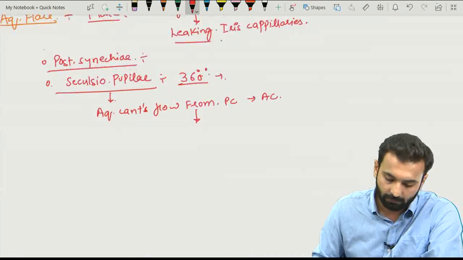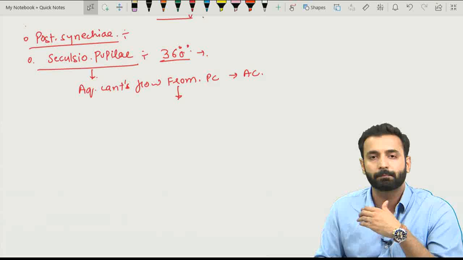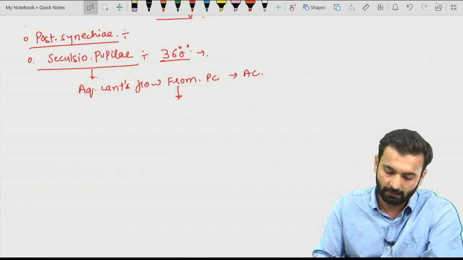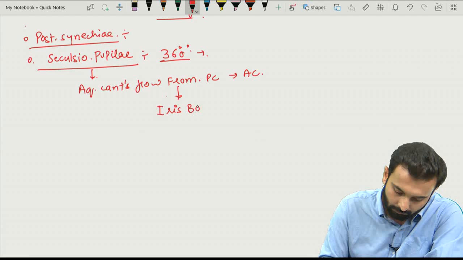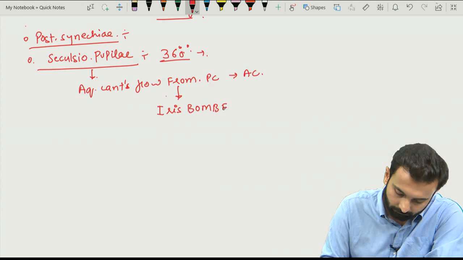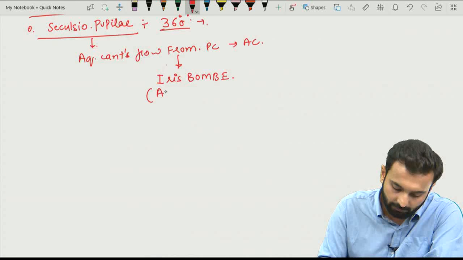So what will happen? Pressure will build up in the posterior chamber and the aqueous will push the iris forward, and the condition is known as iris bombe.